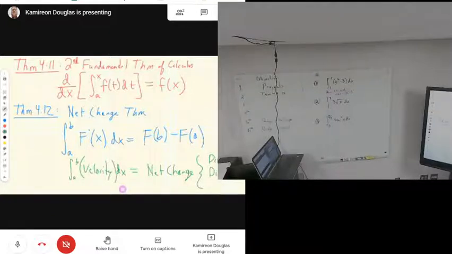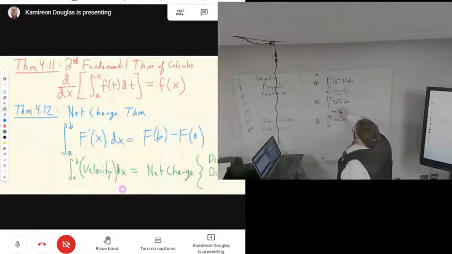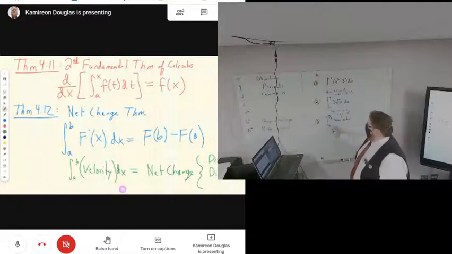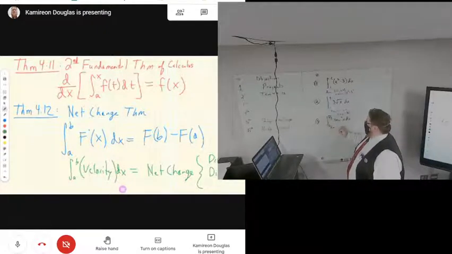Number 2, same thing. In this case, the area we're defining is when x equals 1, x equals 4, the x-axis, and 3 square root of x. The last one represents the area defined between x equals 0, x equals pi over 4, the x-axis, and secant squared x.